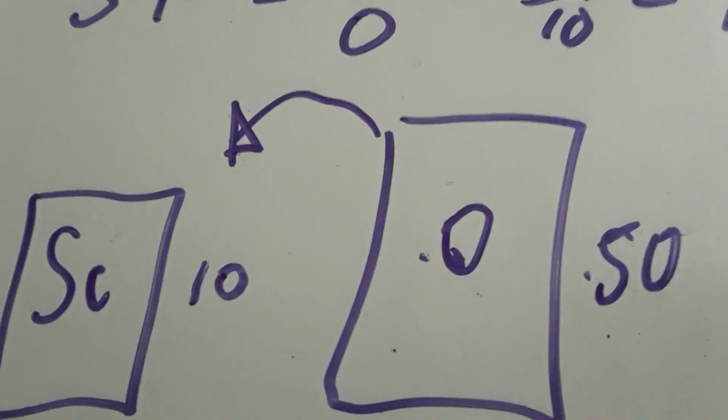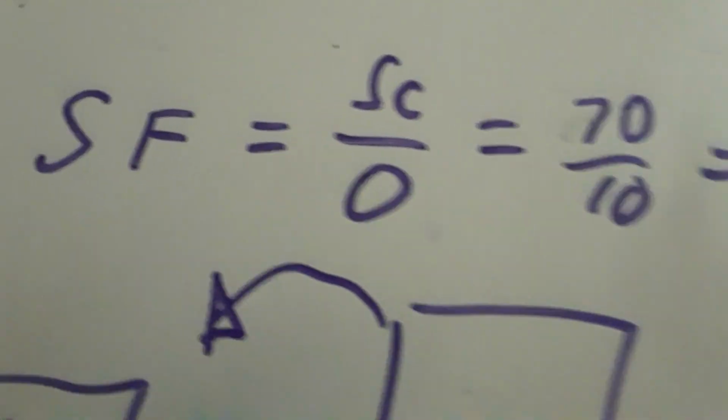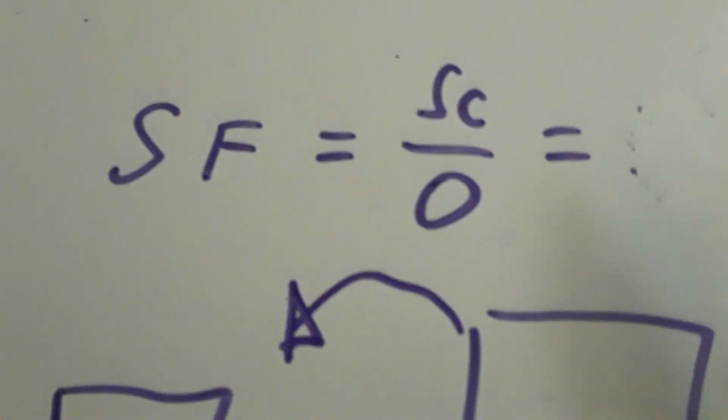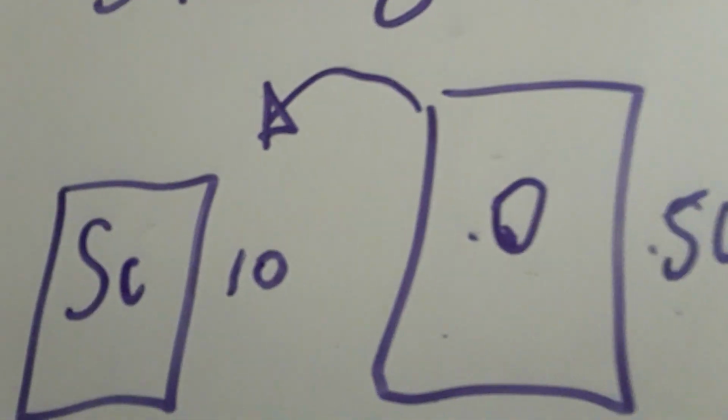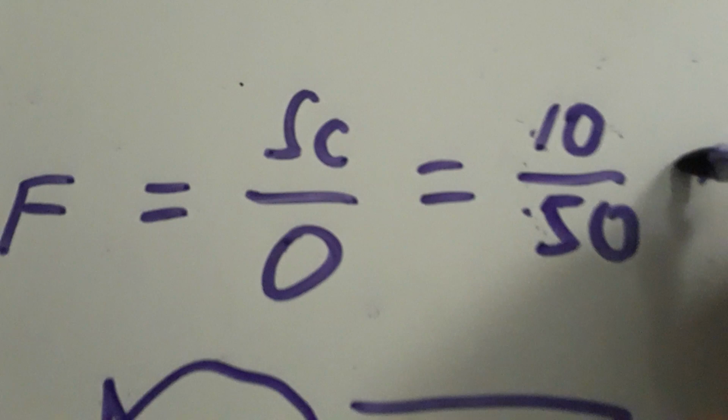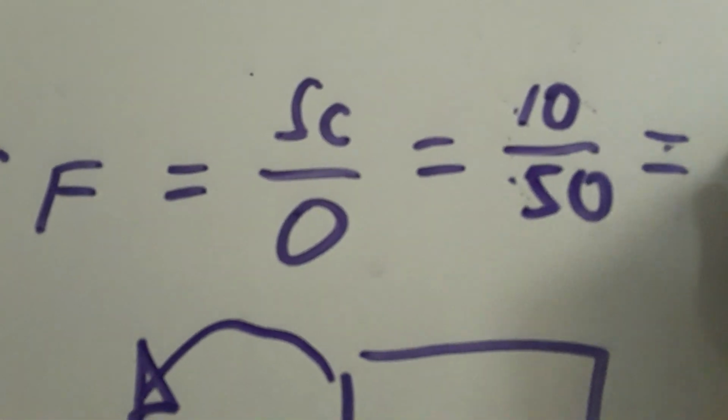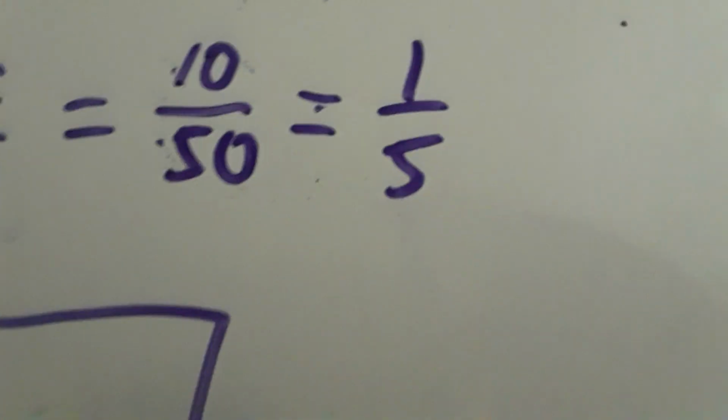So this time you're going to put the 10 on top because you always put some length from the scale diagram on the top. So I'm going to put a 10 here, and the corresponding side is 50 on the original. So I end up with a scale factor of 1/5.